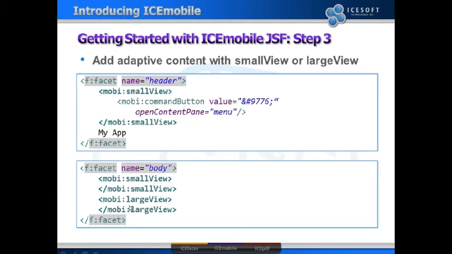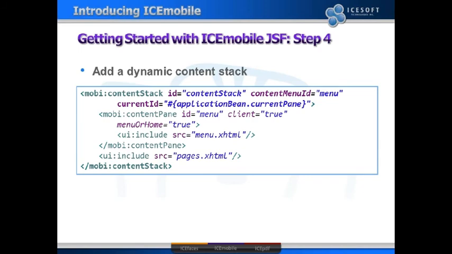Now in the body, I'm going to show different layouts for phone versus tablet and desktop as well. So how do we show different content? Well, ICEmobile encourages a single web page strategy where you dynamically switch out content.